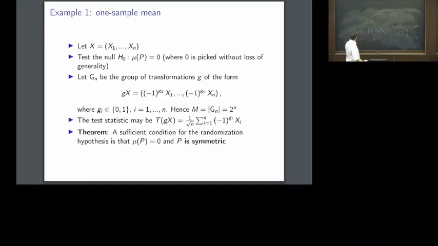Okay. So think about the same example, but now in the case in which you apply the same technique to build the test, and then that's the alternative. We're testing not mean zero, and you're saying the truth is some mean mu.